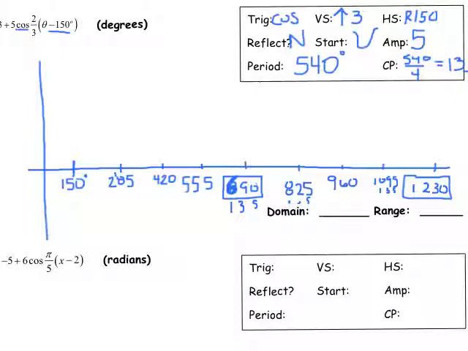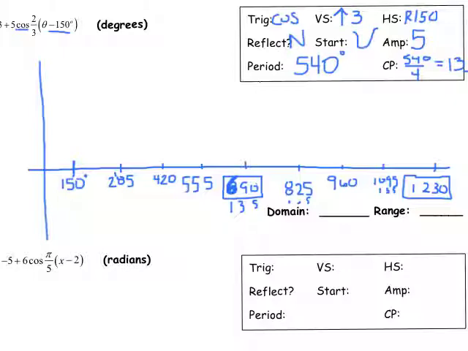So a quick check once again is 690 plus 540, yes, is 1230. Alright, this is the hardest part, especially when it's these big numbers. They're not all going to be these big numbers, but for degrees they often are pretty big.